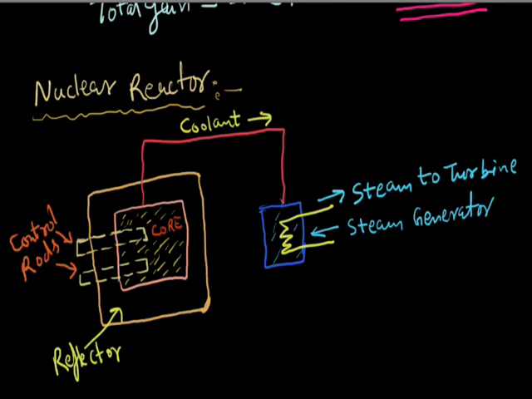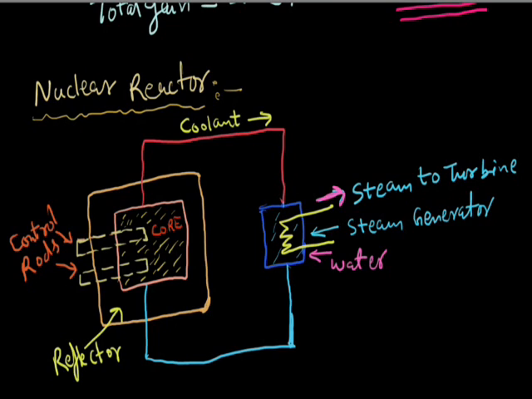In the steam generator, we are sending the water, which is later converted into steam and goes to the turbine. And later on, the coolant is sent back to the core.